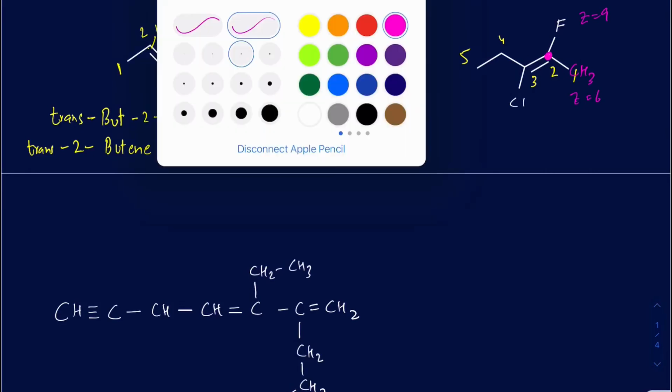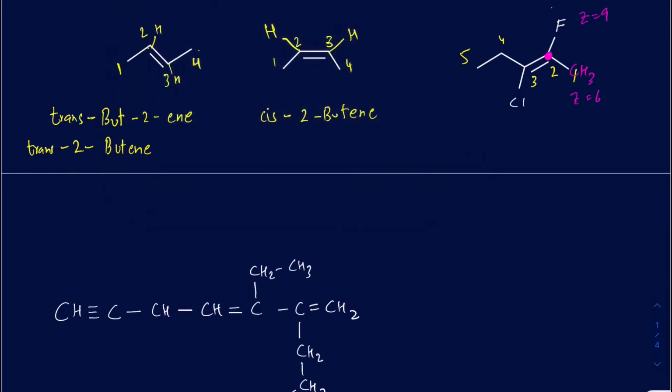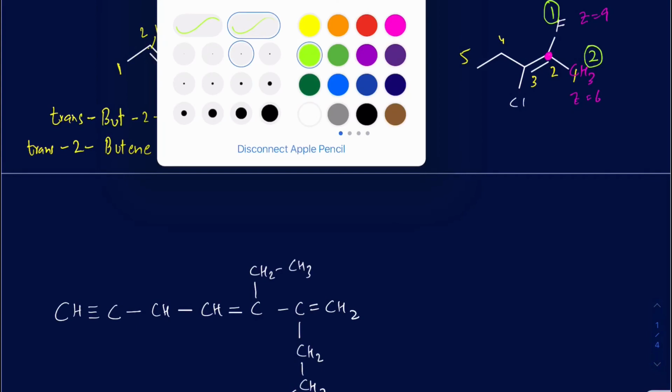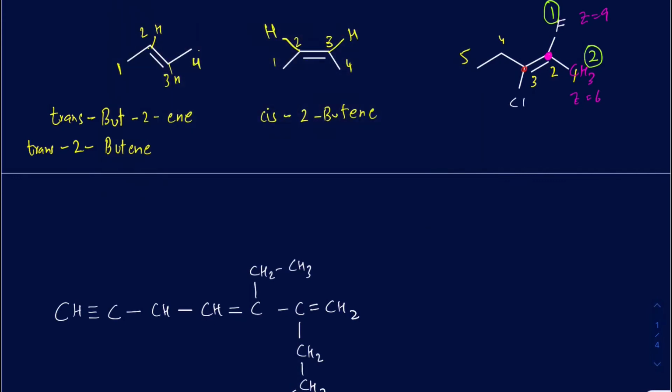So I'm going to go ahead and write down, let's say, 1 for the fluorine and 2 for the methyl group. Okay, what about the other side? So when I look at this other carbon, I got the chlorine and I got the carbon here.